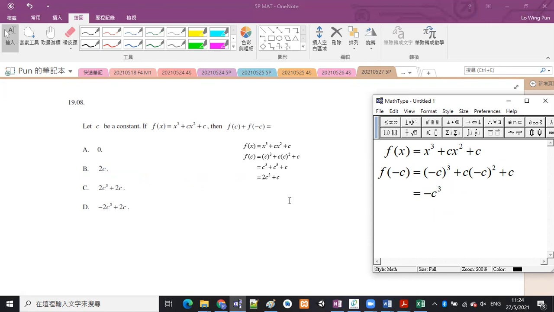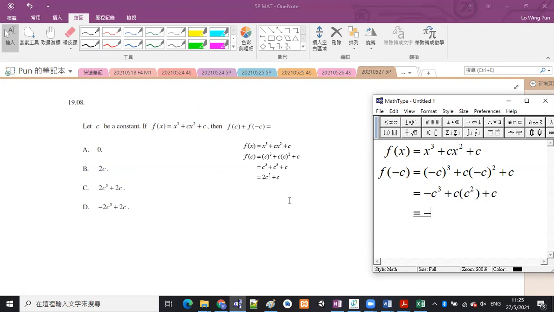Okay? And then plus c times. So we have negative c to the power 2. So there are 2 copies of negative c multiplied together. What is the outcome? Is it positive or negative? Positive. Okay, positive what? It is c squared.